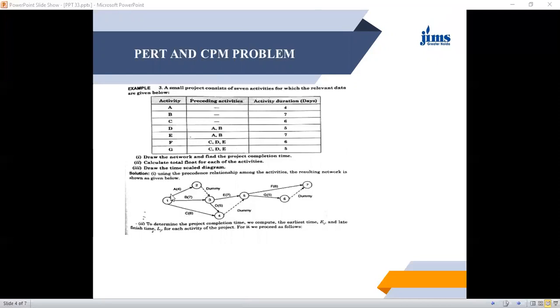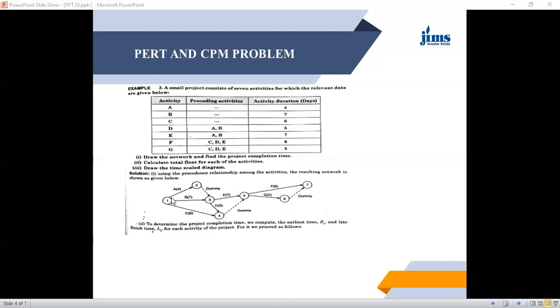This is the activity. Activity always starts from some node or event and ends at some other node or event. So when we are saying activity A, it means it has to start from some node and it has to end at some node. So let us say the first node is 1.